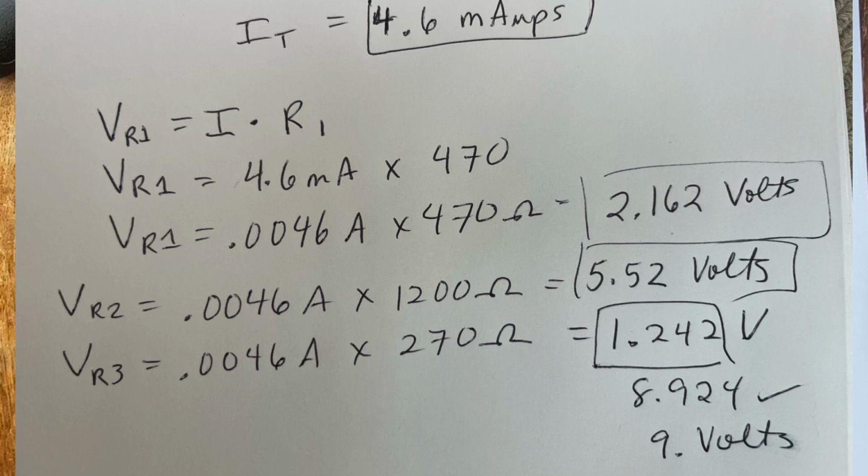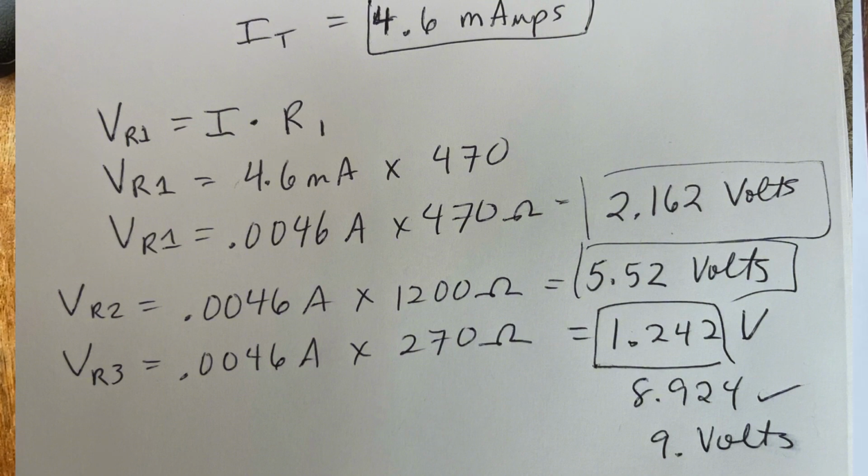0.0046 times 1200 gives me 5.52 volts across resistor 2.